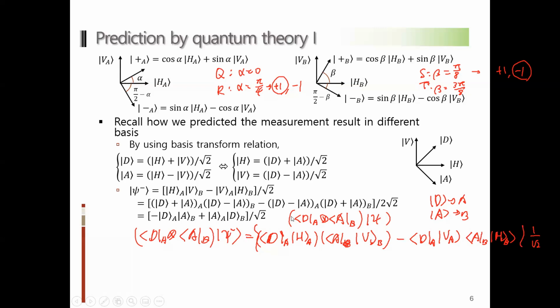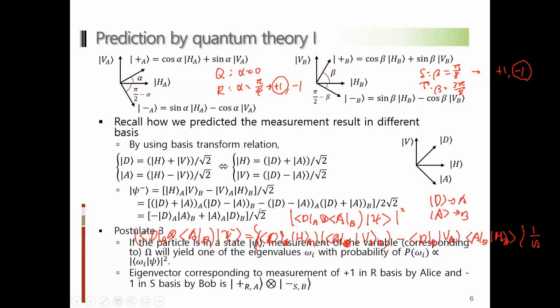I should still have that ket notation. Then I have to calculate the absolute value and take the square, and that is the probability. So if I summarize such a situation, then I can also claim it in this way.